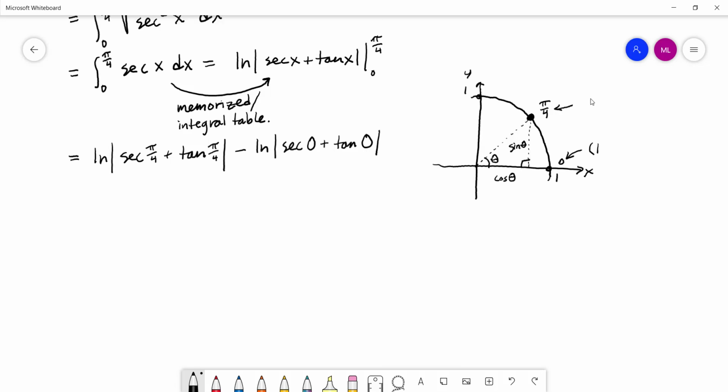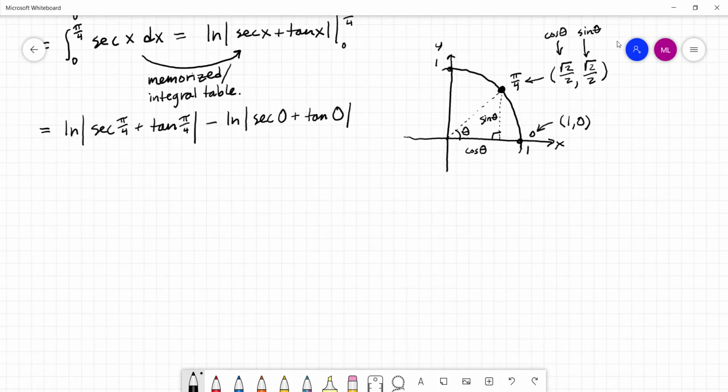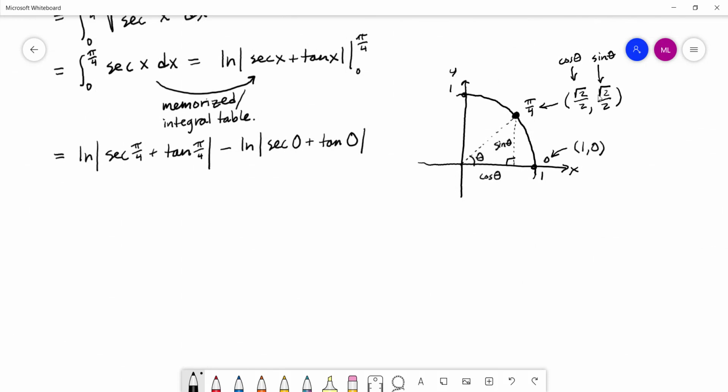This first one is at the point 1, 0. And up here, this is at root 2 over 2, root 2 over 2. So these are the coordinates of those points on the unit circle. Again, the x-coordinate corresponds to cosine of theta, and the y-coordinate corresponds to sine of theta in both cases. So it's always cosine comma sine.